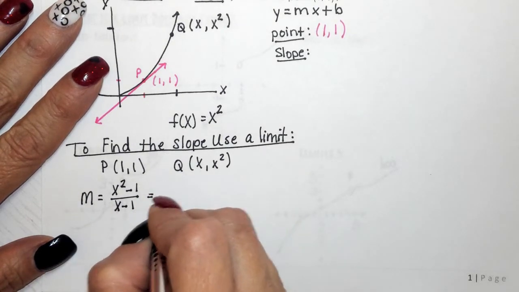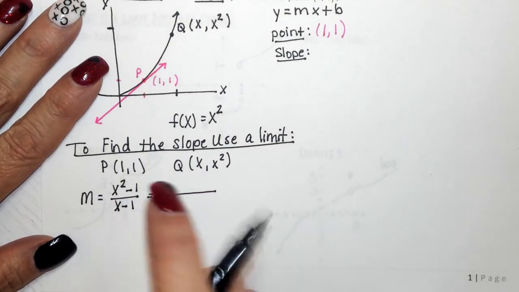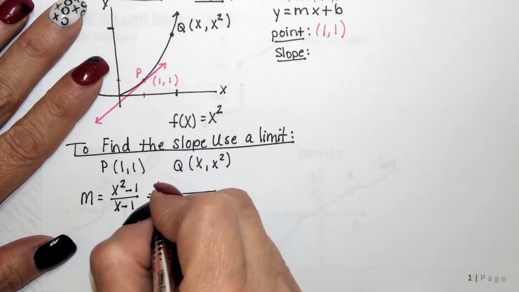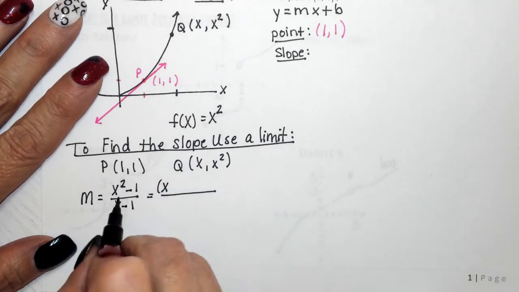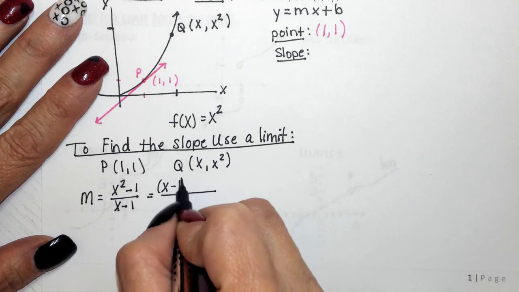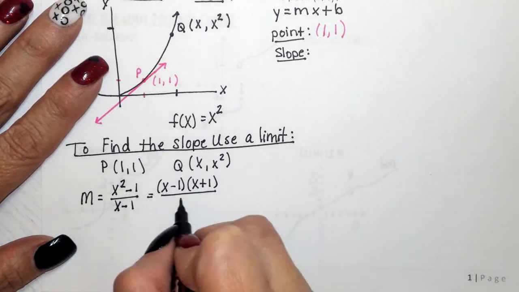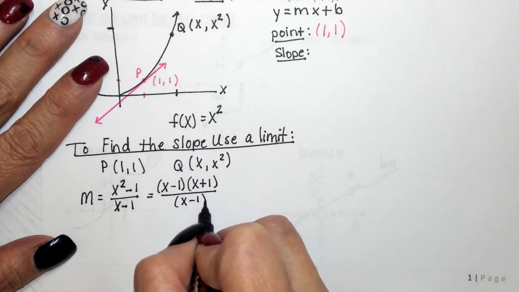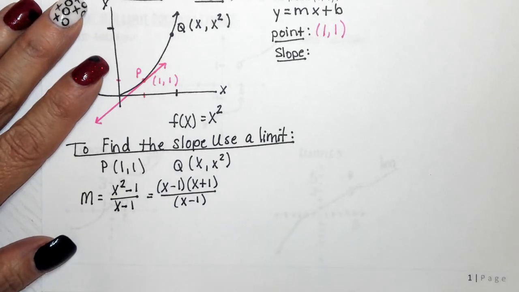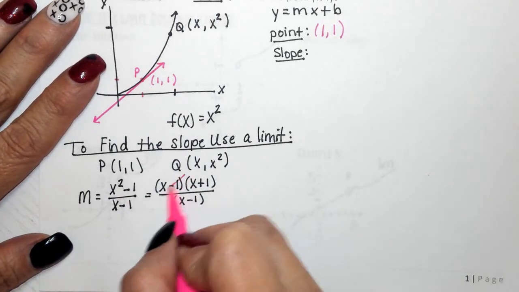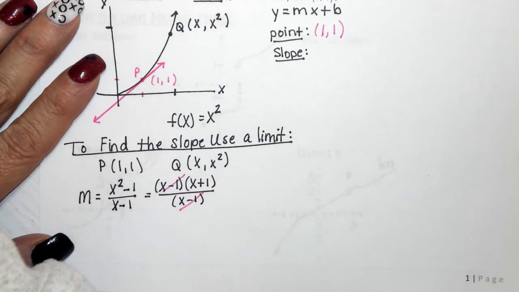X squared minus 1, let's factor that. That's the difference of perfect squares: x minus 1 times x plus 1. Got to know your algebra. On the bottom, I have x minus 1. Well, I know that if I have the same thing on top and bottom, I can mark it off.